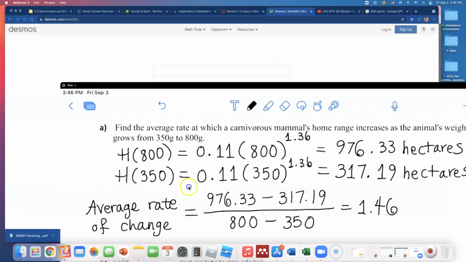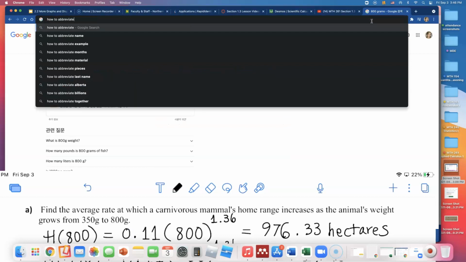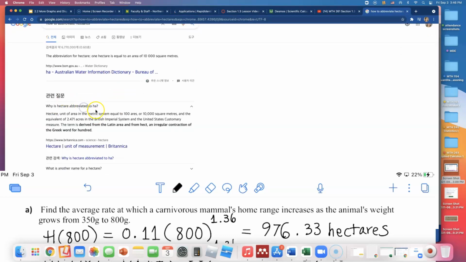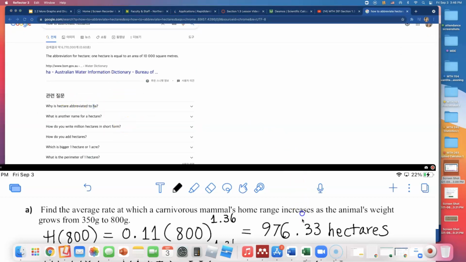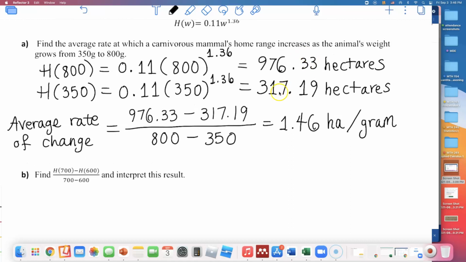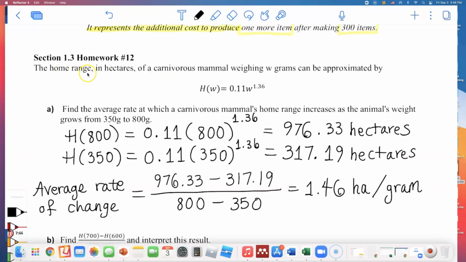How do you abbreviate hectares? Oh, it's ha. So 1.46 ha per gram. For every gram an animal puts on, it will gain 1.46 extra hectares in its home range.